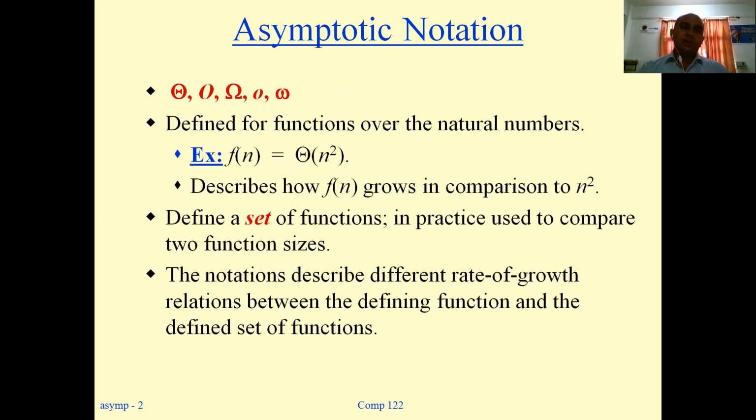There are 5 notations that can be used to represent the asymptotic complexity or running time of an algorithm. These notations are theta, big O, omega, little omega.